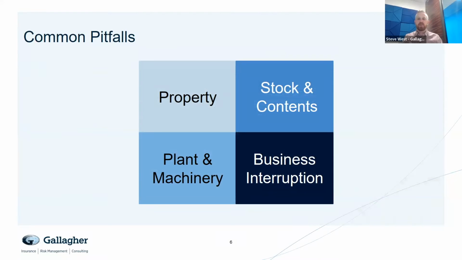So common pitfalls, as alluded to on an earlier slide. In terms of property, as I mentioned, out-of-date valuations is the key one. So making sure that that's updated, if not annually, every 2 years, getting a professional buildings valuation surveyor in to do that. Change of use as well.